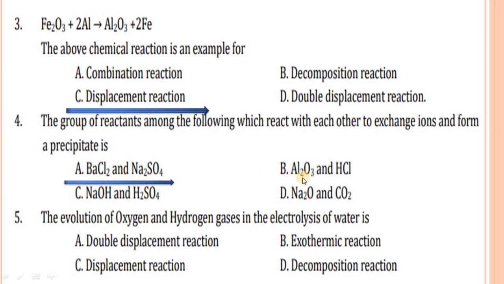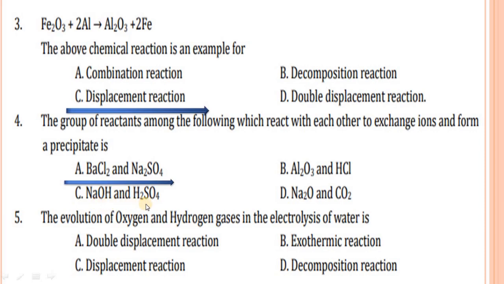If you see option B, Al2O3 and HCl, here Al2O3 is an amphoteric oxide which reacts with the acid. So this will be the example for amphoteric reaction. If you see option C, sodium hydroxide and another is the acid.